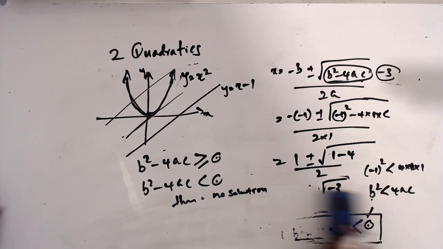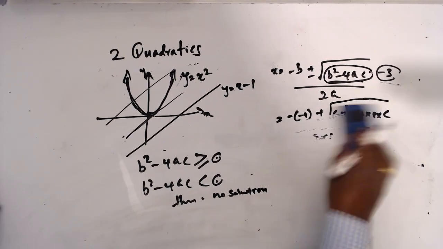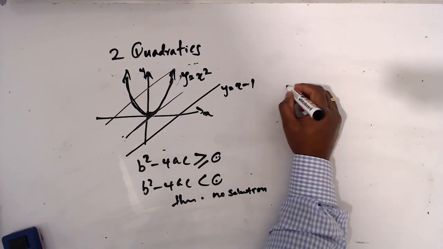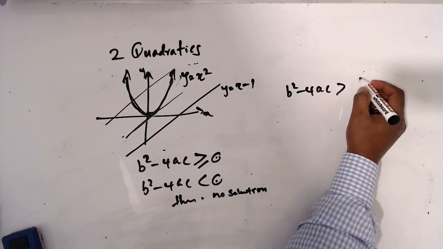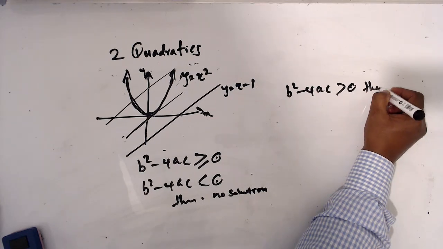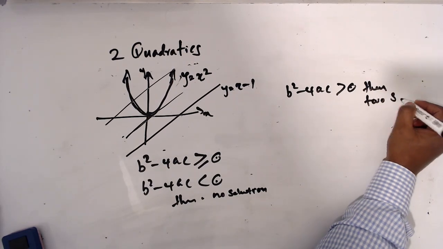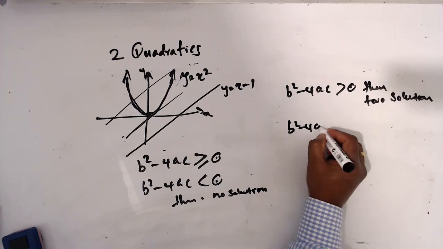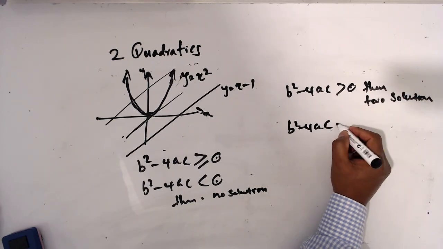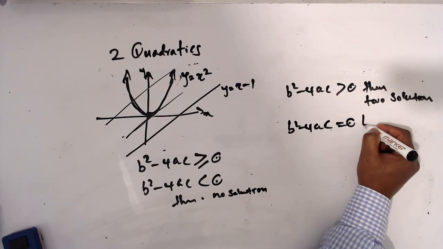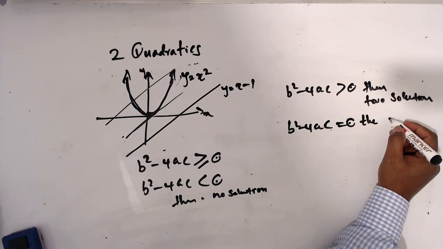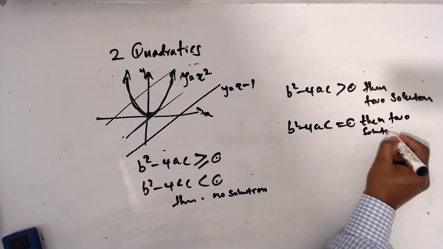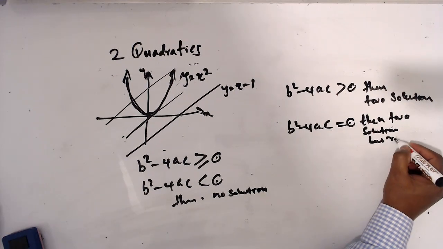Out of that, I can categorize like this: b square minus 4ac greater than 0, then two solutions. B square minus 4ac equal to 0, then two solutions, but repeated.